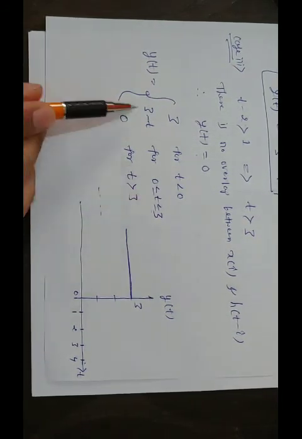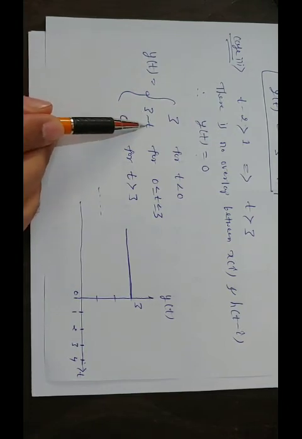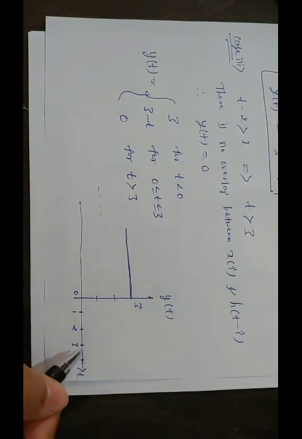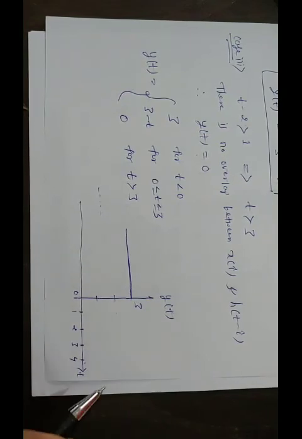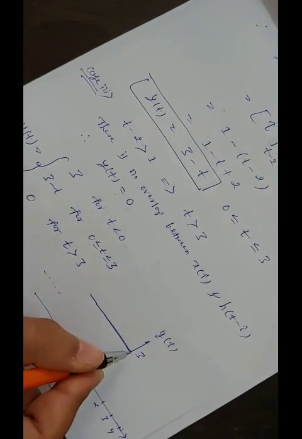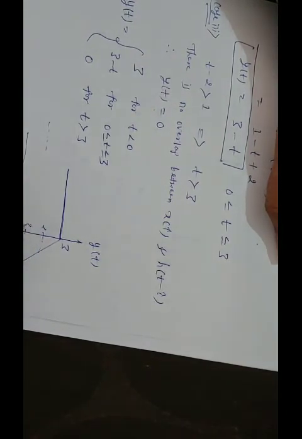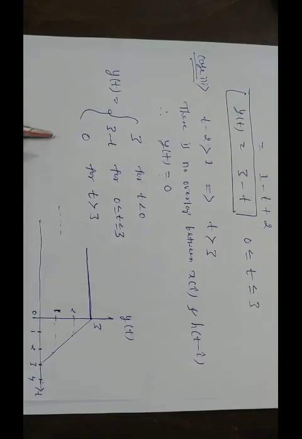Then in the 0 to 3 range, it is 3 minus t. So 3 minus 1 is equal to 2. Then it becomes like this. So I can mark here 3 minus 3. If I put the t value as 2, then I should get 1 amplitude.